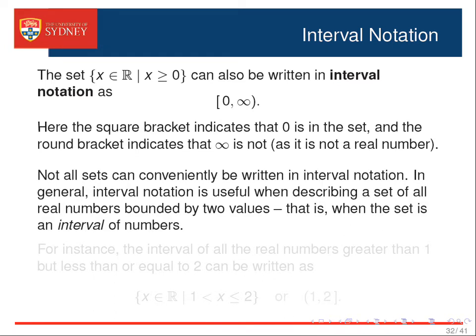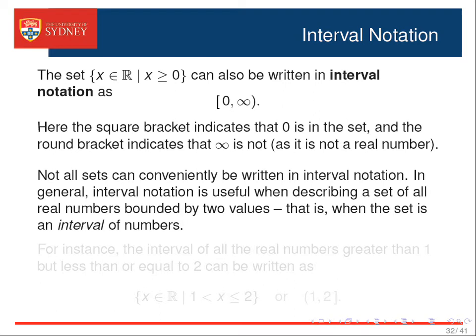There's an important difference between set notation and interval notation. Whereas set notation can be used to express any set of mathematical objects, interval notation can only be used to write down certain sets of real numbers. More specifically, interval notation is mainly useful for describing a continuous set of real numbers that are bounded by two values.